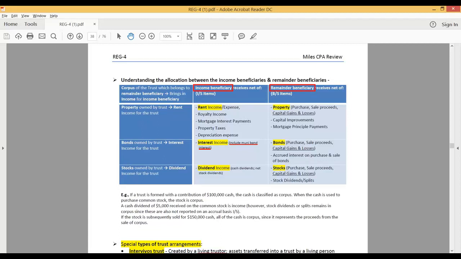If you look at stock, then the income beneficiary receives dividend income, and the remainder beneficiary would get the capital gains and losses on sale, or would also get the stock dividends and splits. So whenever trust documents are formulated, we'll have to see who is the income beneficiary versus who is the remainder beneficiary.